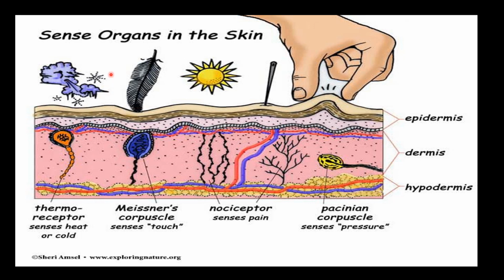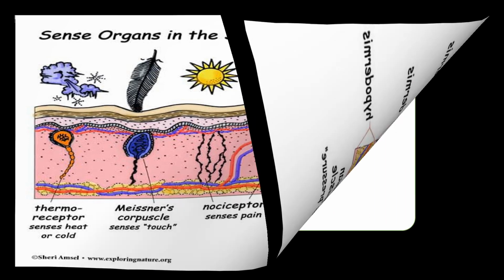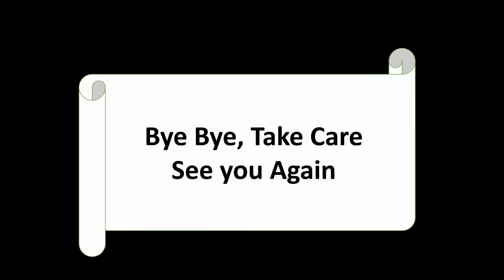See, skin senses heat or cold. It is the sense organ of touch. It can also detect pain and also pressure. Dear students, this was all about the skin and its layers.